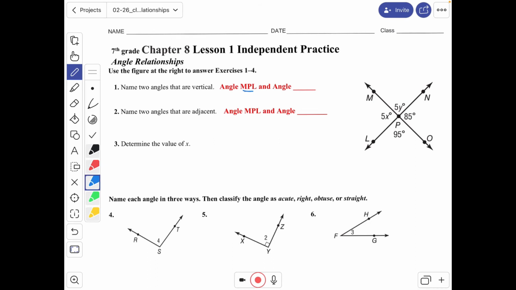Angle MPL, so that's angle MPL, that's this one right here. What angle would be vertical to it? That means opposite it. That would have to be this one. So how do we name that? That would be angle NPO.